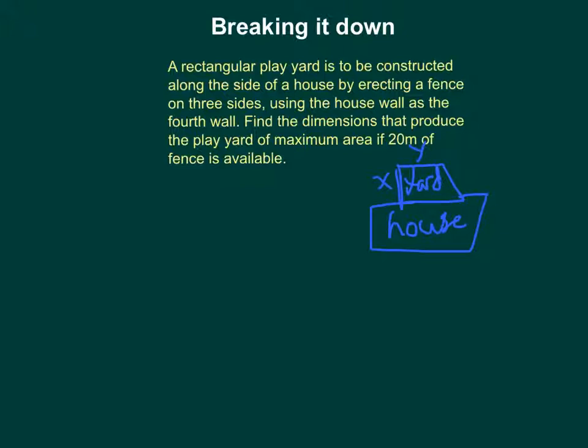If you read the problem, you are given the dimensions that produce a play yard of maximum area if 20 meters of fence is available. So you know that 2x plus y equals 20. You have an x right here, an x right here, and a y right here. Together, that should equal 20 meters of fence.